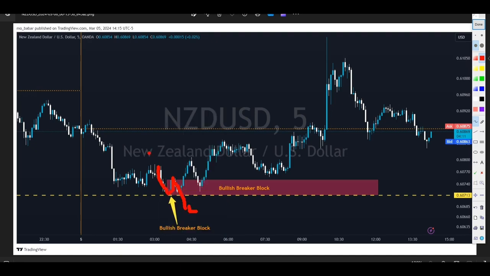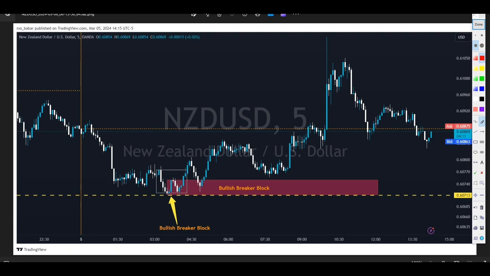Okay. Now see that the first one was this high came down, made a low, then again a high, and again a low. Now this blue wick took the liquidity of this low.